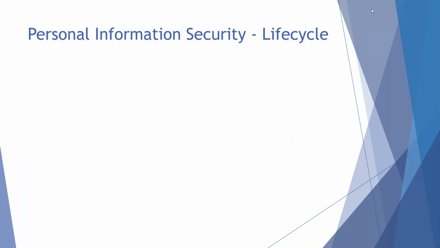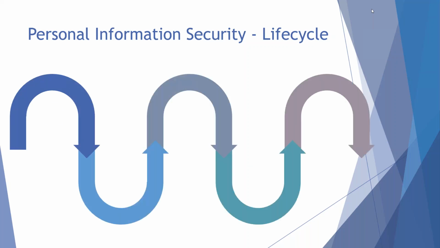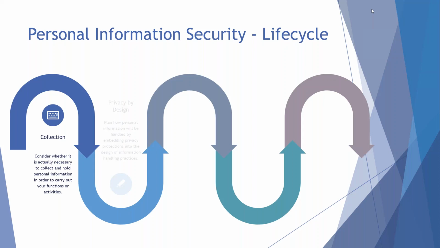I would like to have a bit of a deep dive around personal information security, so the life cycle of personal information within the organization. The Privacy Commissioner requires businesses to identify the places where they collect or receive personal information, and create a strong business case as to why they need that personal information.